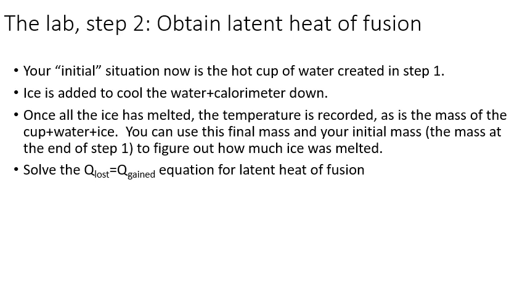So again, you're given the final and initial mass, so you can use that to figure out how much ice mass was melted, and use that for your ice mass. And then again, you're just solving this energy or heat lost is equal to heat gained, in this case for the latent heat of fusion. And that equation is helpfully provided for you in the lab handout, so you don't need to work it out for yourself. It's just provided there. And that is all there is to it for this lab.